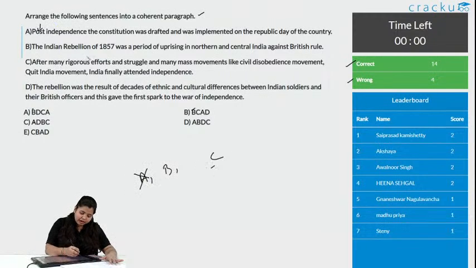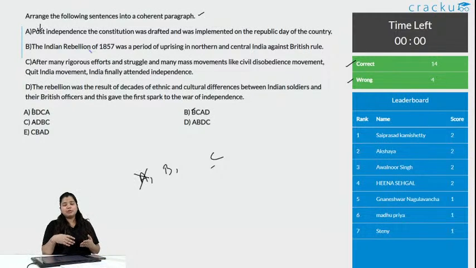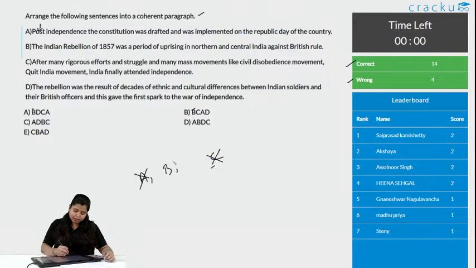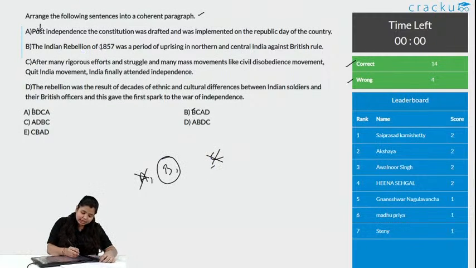C says, after many rigorous efforts and struggles and many mass movements like the civil disobedience movement, Quit India movement, India finally attained independence. So, this says after many rigorous efforts, so there must be something that happened before that, as this is not a subject either. So, not C. What is B? The Indian rebellion of 1857 was a period of uprising in northern and central India against the British rule. So, we got our first sentence, it is B.